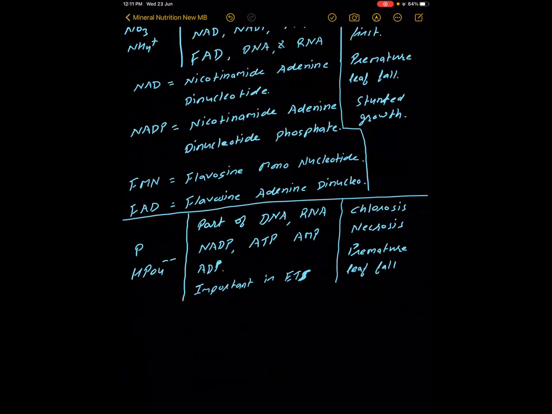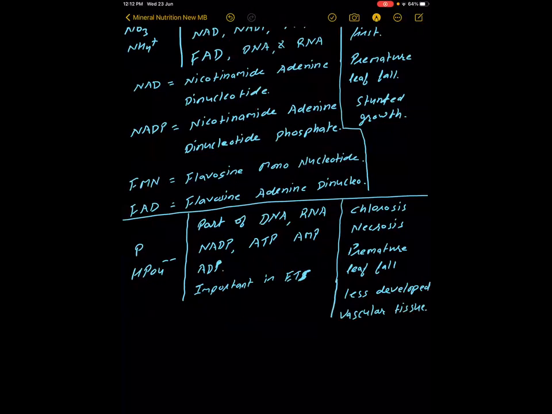So the development of xylem and phloem is less. Less developed vascular tissue.